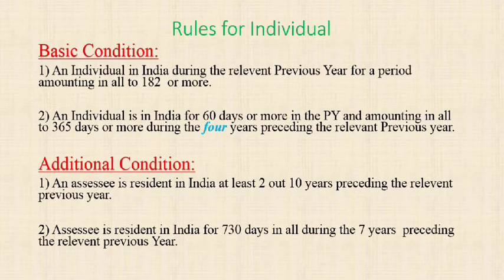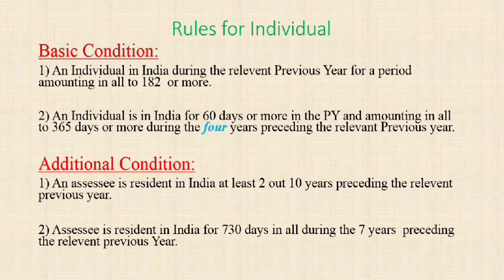Here it is mentioned, preceding the relevant previous year, so it is before the previous year. Before the previous year is 2018-19, 2017-18, 2016-17 and 2015-16. These 4 years amounting to all, overall he has to have stayed in India for 365 days or more. He has satisfied the second basic condition.